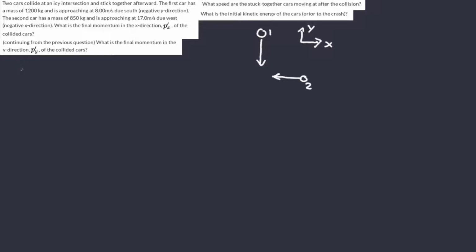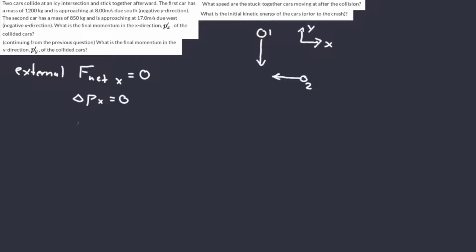So there's a few things that we need to figure out first before we start plugging in numbers and doing this problem. First of all, we need to recognize that the external net force in the x direction is equal to 0. So px is conserved, or we can say delta px equals 0.